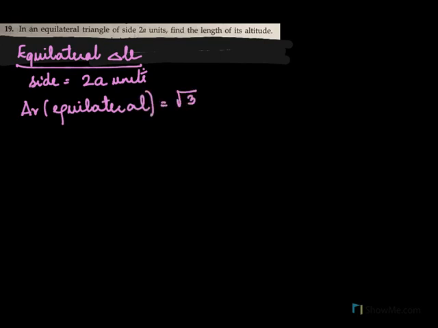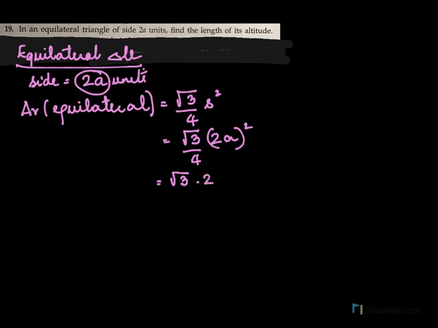It is root 3 by 4 side square. The side here is 2a. So root 3 by 4 into 2a square. And when you cancel this, you will get root 3a square.